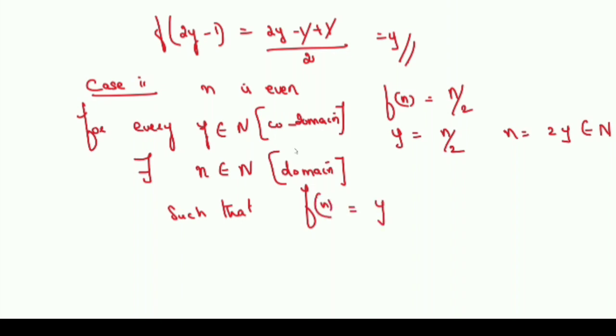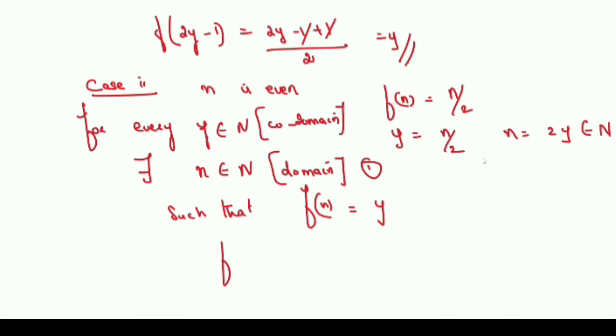So this is the definition for an onto function. For every y belongs to N in the codomain, we can find an n in the domain such that f of n is equal to y. This condition is satisfied. This is the first condition, that n belongs to N we can find. Only then we can prove this.